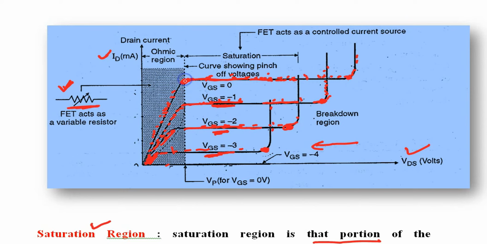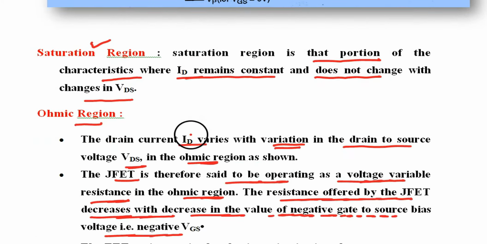So at this voltage, it is called pinch off, because the drain current is not increasing. It becomes constant. So pinch off means the point from where the drain current becomes constant.